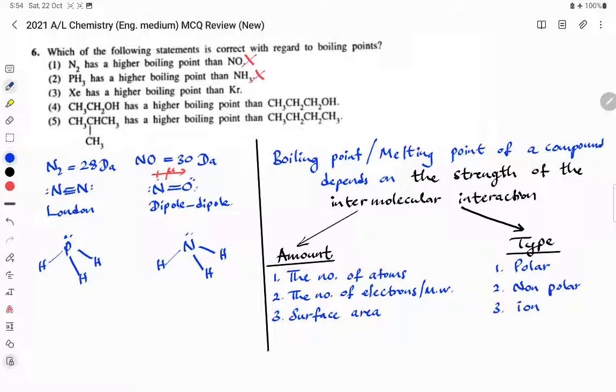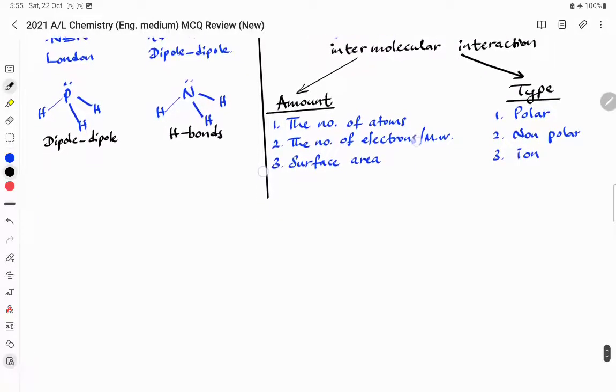The molecular weight of PH3 is greater, and surface area is also greater in PH3, so it should have a higher boiling point. But the type of the interaction here becomes decisive, because PH3 has normal dipole-dipole interactions, while NH3 has hydrogen bonds. Therefore, NH3 should have the higher boiling point. It's a practical value actually.